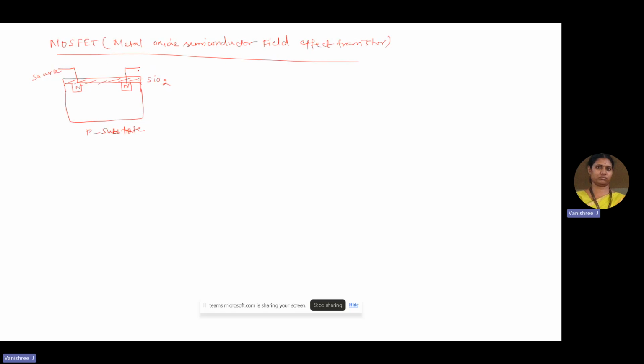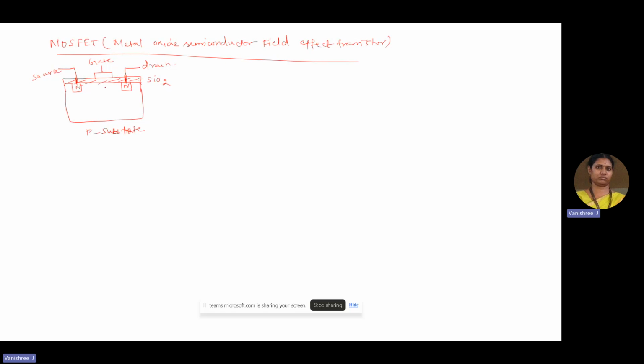So one terminal is the source and the other one is the drain terminal, and it is cut through the silicon dioxide layer and it reaches the N layers which have been immersed in the P-type substrate. Whereas the third terminal, which is named as gate, is present above the silicon dioxide layer, and it is this gate which controls the operation of the device.